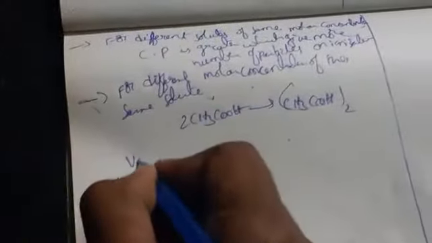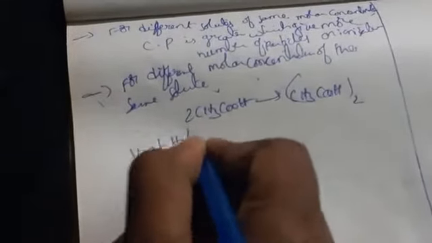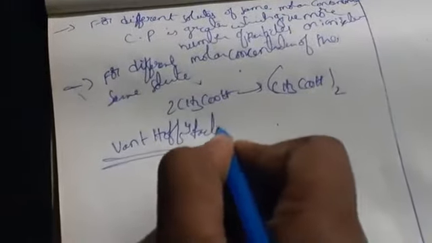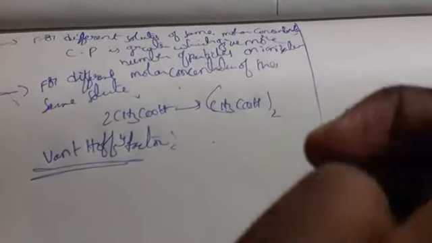So to explain that, there is one scientist, Van 't Hoff. The Van 't Hoff factor. What the Van 't Hoff scientist did was explain how electrolytic solutions behave compared to non-electrolytic solutions. Van 't Hoff factor is denoted by i.